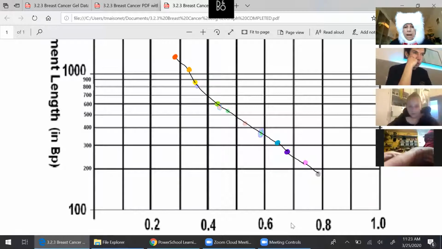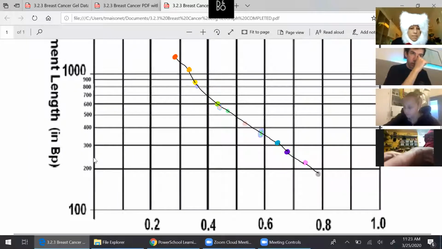Yeah, I would agree, about 250. So whoever that was, I'm sorry, I didn't get to see who was speaking. Oh, Franklin, thanks. So for 0.7, she traveled up from 0.7, hit the black line on my graph, and traveled over and saw it's between 200 and 300, so she's guessing 250. And that's fine. Estimating is totally fine.